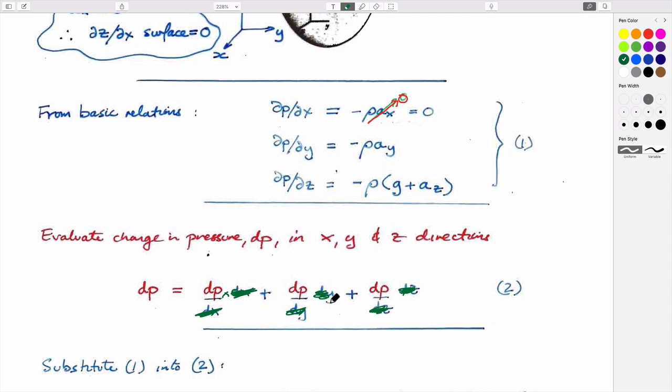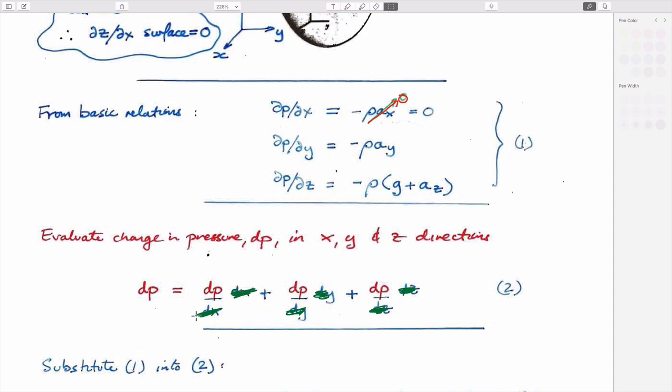Actually, don't write that down. It's not quite true. This is not 3 dP, because each of these is due to moving in a direction which is orthogonal to the other direction. So we go first in the x direction, then in the y direction, and then in the z direction, and you get each of these.